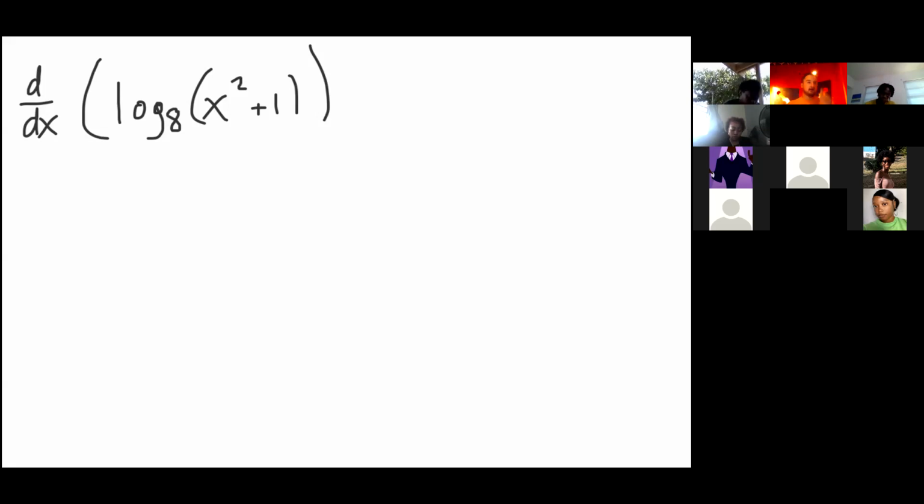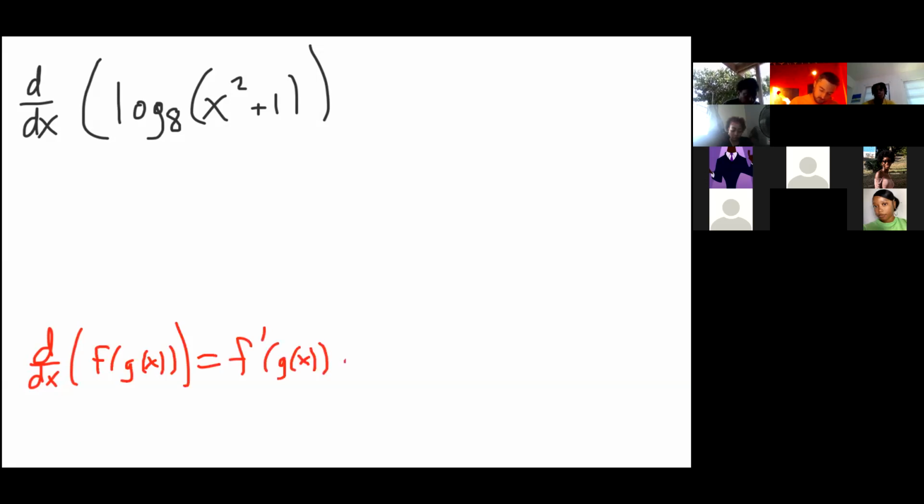So I have to identify, okay, what is my outer function? What is my inner function? Well, similar with some trigs, it's a little bit easier to spot outer and inner with logs. So if I just kind of write my chain rule again down here, take the derivative of the outer, keep the inner, but then multiply by the derivative of what was inside.